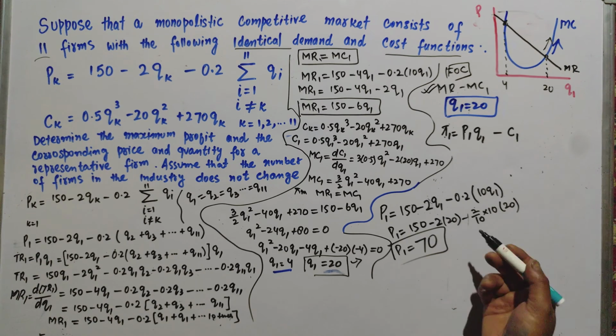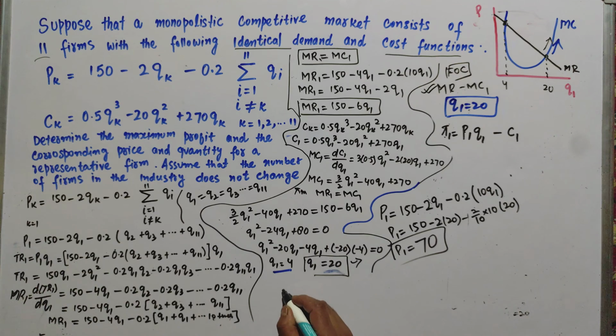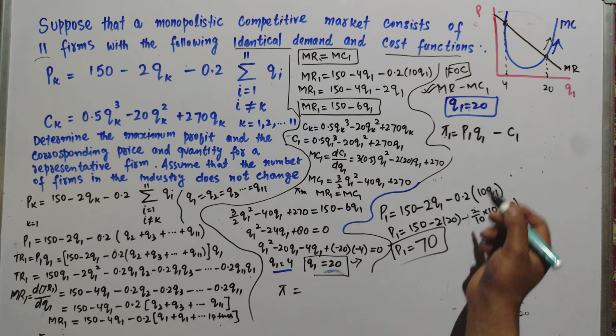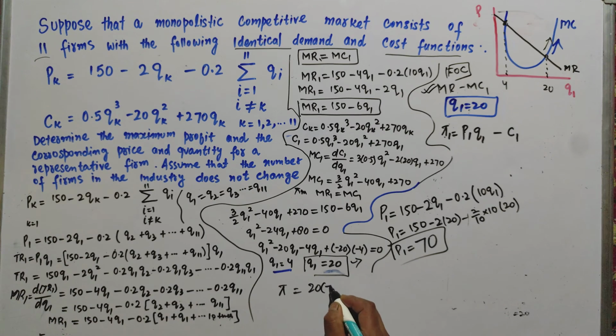Now you can find out the profit. As we know, profit is equal to P1 into Q1, so Q1 is 20, P1 is 70, so 20 into 70 minus the cost function.